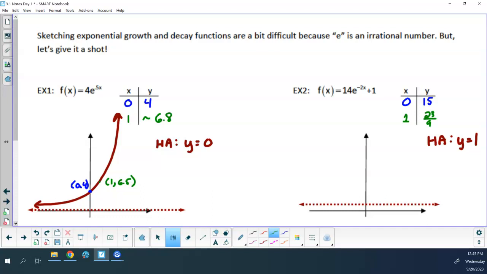So we started way up here at 15. At 1, we're way down here at 2.5-ish. So it's a steep drop off and curve.